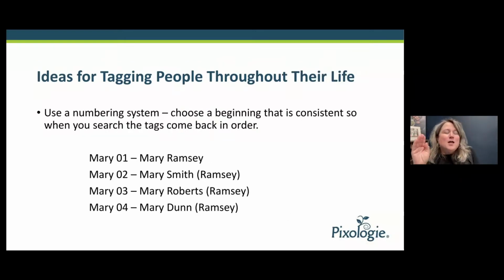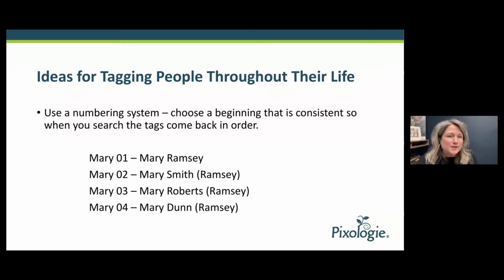If you really like the tagging process, I did think of this set of tags that could be used. You could use a numbering system, but you want to choose a beginning that is consistent, so when you search the tags, they come back in order. In this case, Mary Ramsey was her maiden name, and then you can see the progression of the 3 different marriages.